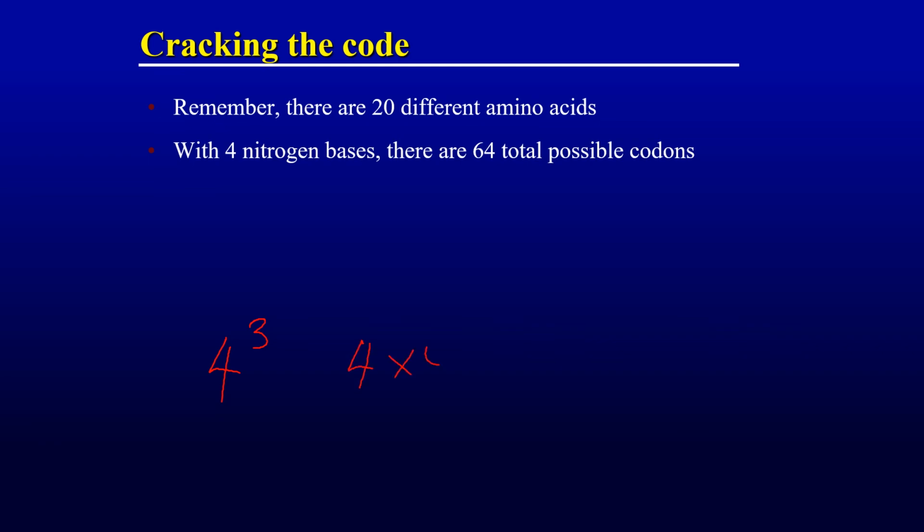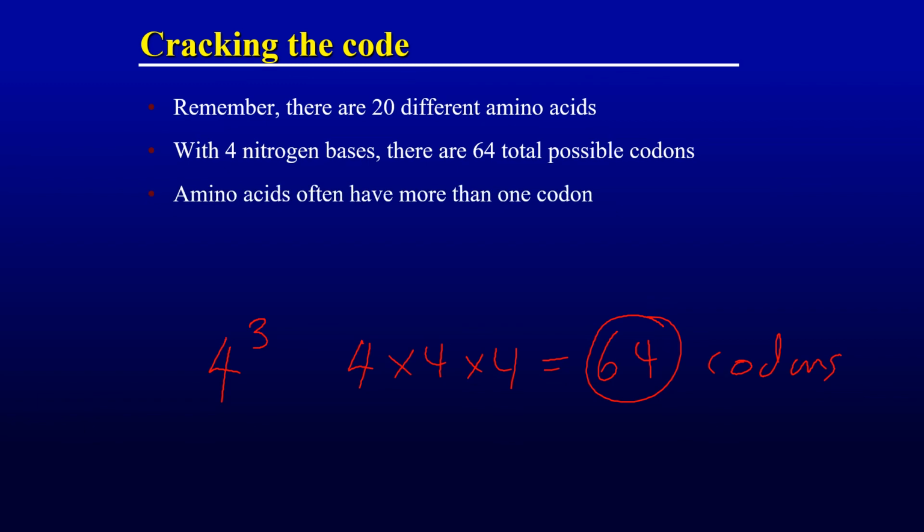So if we have 4 times 4 times 4, that gives us 64 total possible combinations. So that gives us 64 codons. Now, because we've only got 20 amino acids, very often they have more than one codon that codes for them.